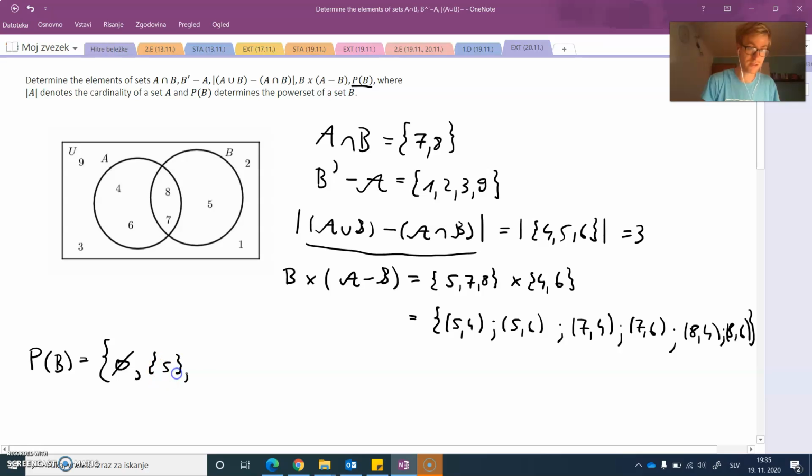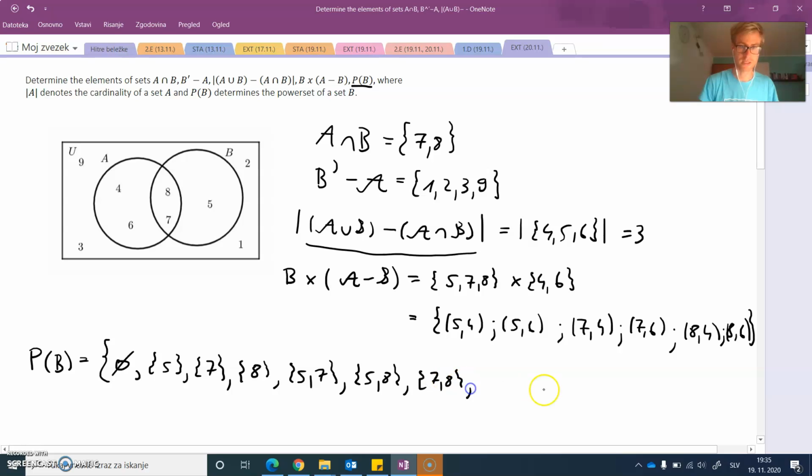So 5 will be in, 7, and for example 8, and then I'm gonna make pairs 5 and 7, 5 and 8, and 7 and 8. And you see all the set B, 5, 7, and 8. So it has to have 8 elements. Let's check it. 1, 2, 3, 4, 5, 6, 7, 8. It works. So basically, this was the first exercise from that homework.